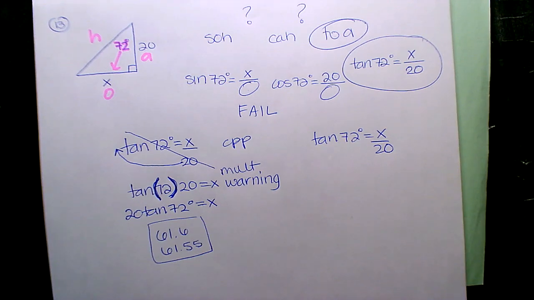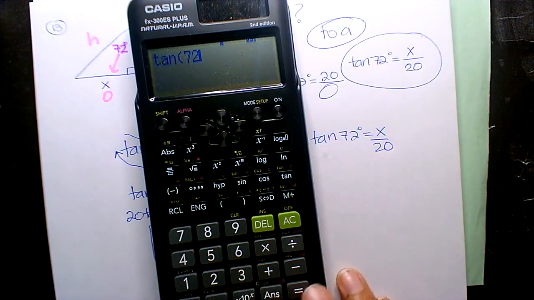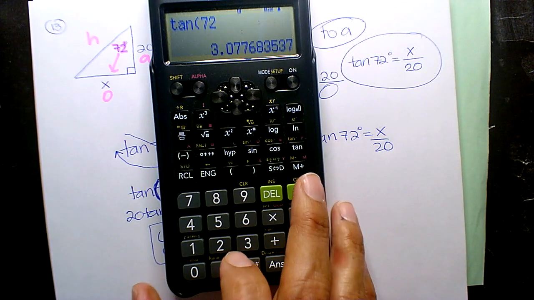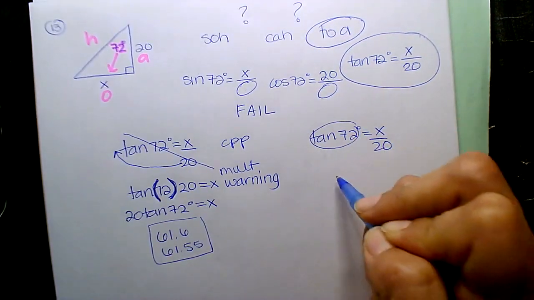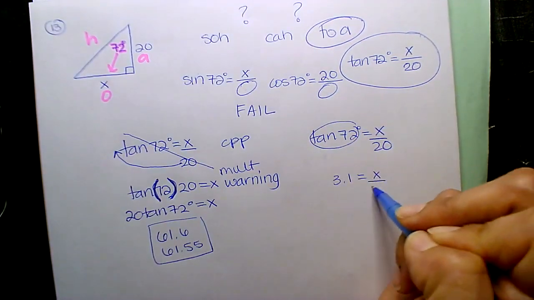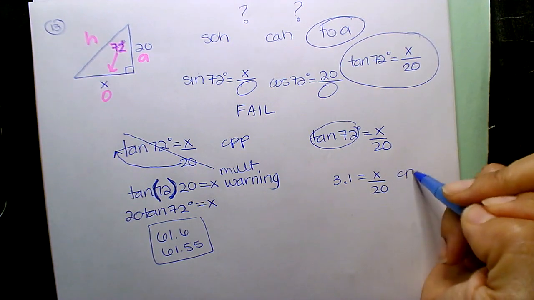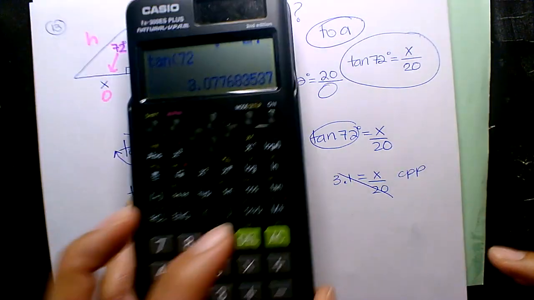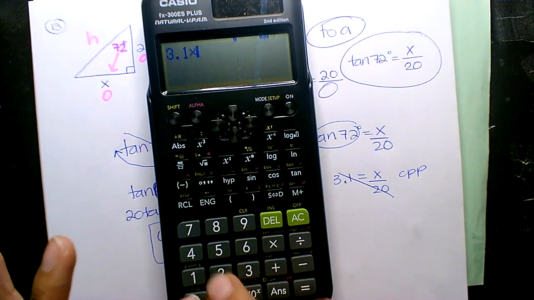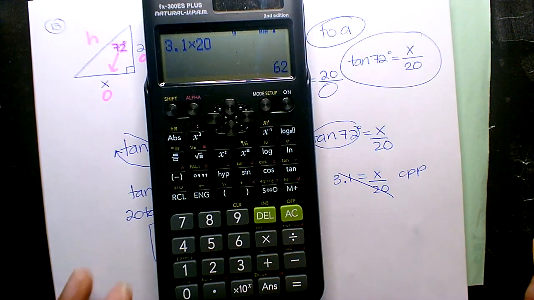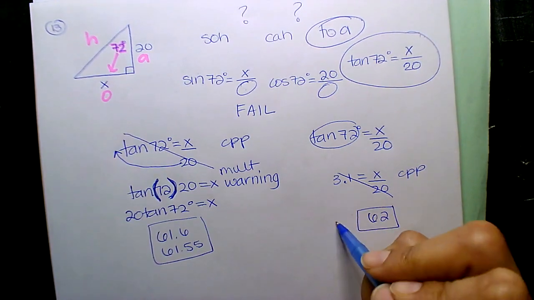Let me do it in pieces. Take the tangent of 72. Remember, I have to give you options. You put this in the calculator and you get 3.1. And now you have that over 20. Now if you would like to cross multiply, you can put 3.1 times 20 and you get 62.